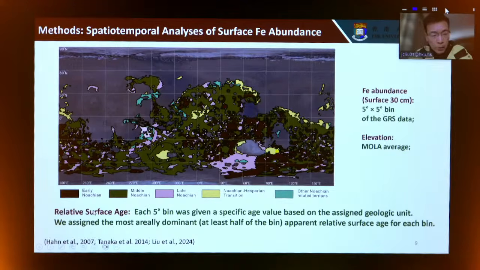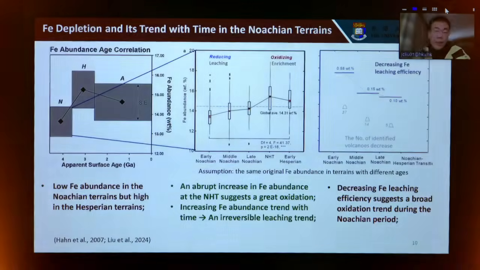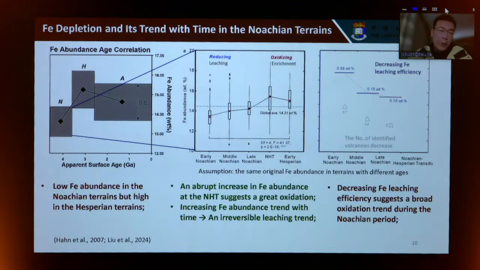We also assign an age for each bin: the early Noachian, middle Noachian, late Noachian, or the Noachian-Hesperian transition. Basically, we assign the most areally dominant apparent relative surface age, covering at least half of the bin, to each bin. And this is the result for the iron abundance changing with time.